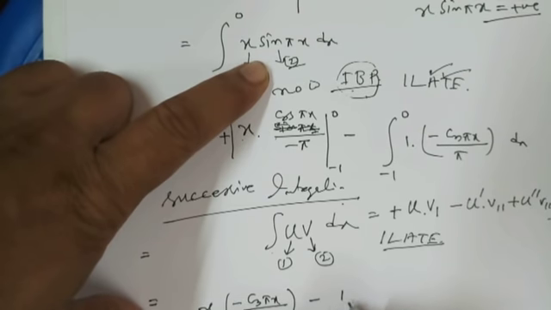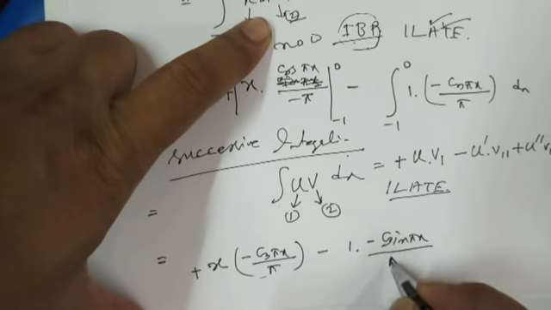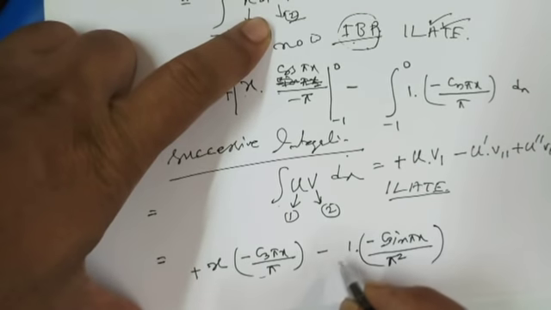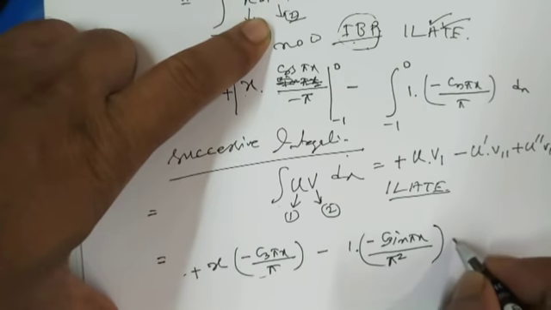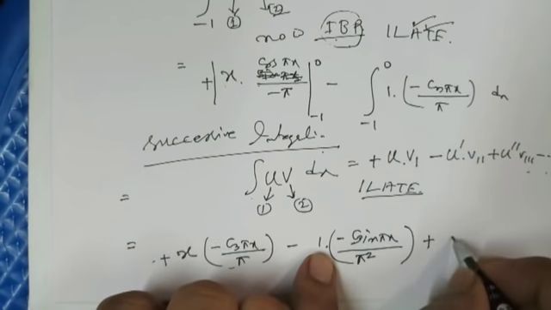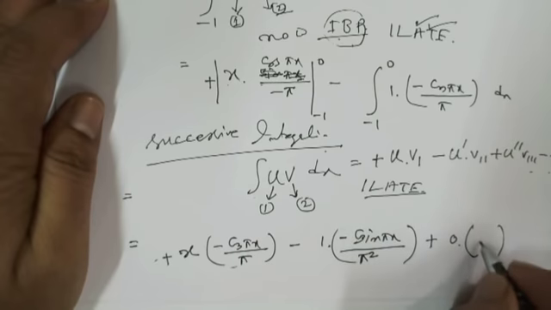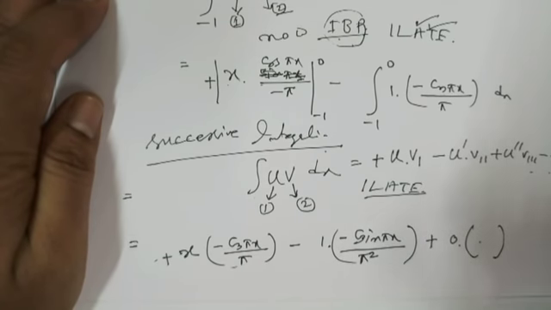Next, the derivative of x is 1 and the integration of minus cos pi x is minus sin pi x by pi square, and further alternating plus, minus, starting from plus, minus, plus. This will be 0, so whether you put the value in this integration or not makes no difference, because it is multiplied by 0, so it will be 0.